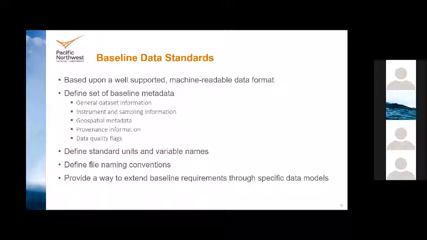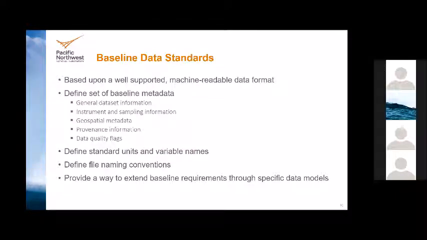So our baseline data standards are basically going to talk about the format. We want it to be really well supported and machine readable. And we want to talk about the general baseline metadata. We definitely want to capture metadata: basic information about your data set, the instrument and/or sampling information, where the sampling occurred, geospatial metadata, any provenance information about how that data was obtained and any corrections that were performed on the data, and then data quality.